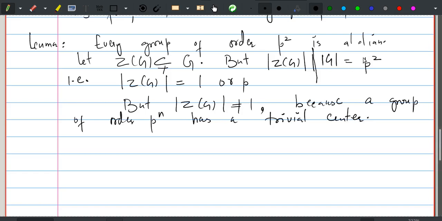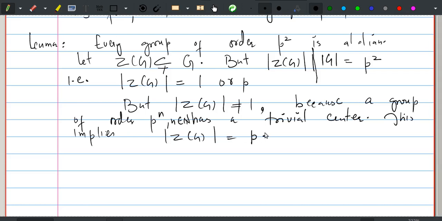Here G is a group of order p square, so the center of G will be non-trivial. So this implies the order of Z(G) is equal to p.